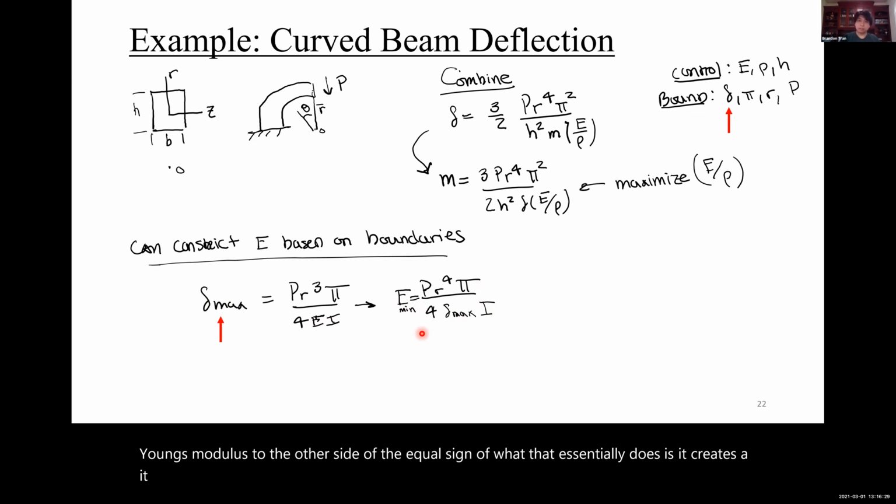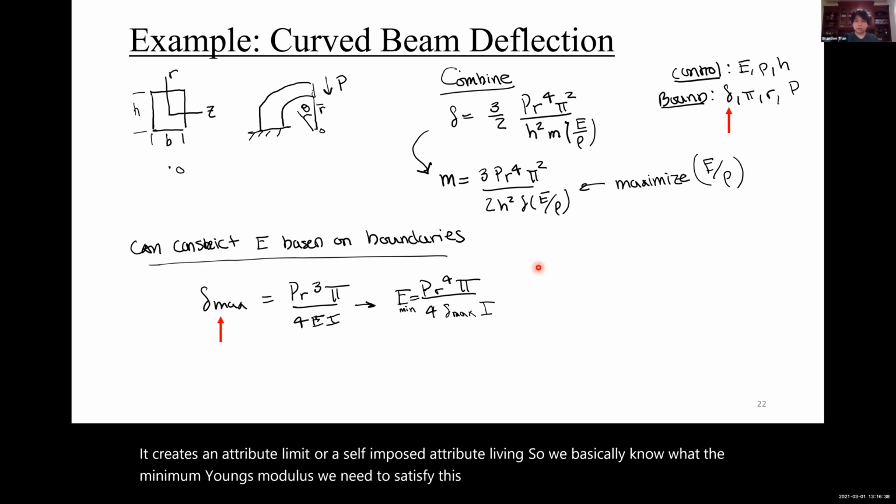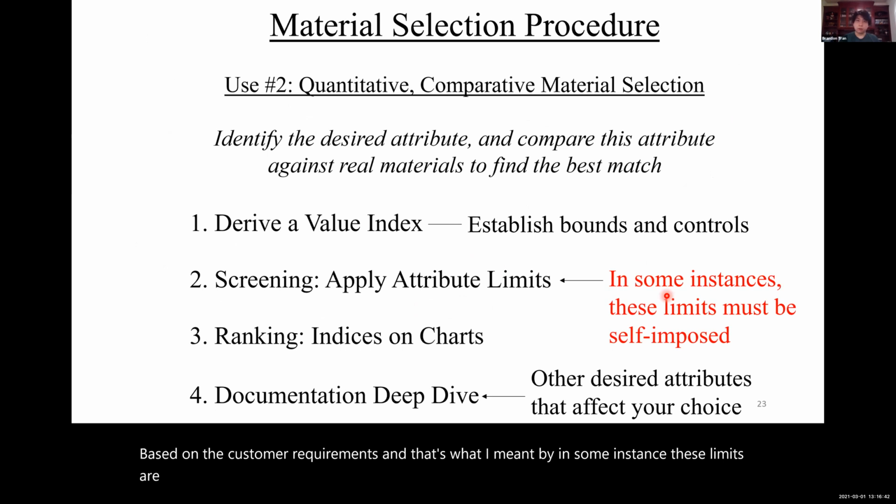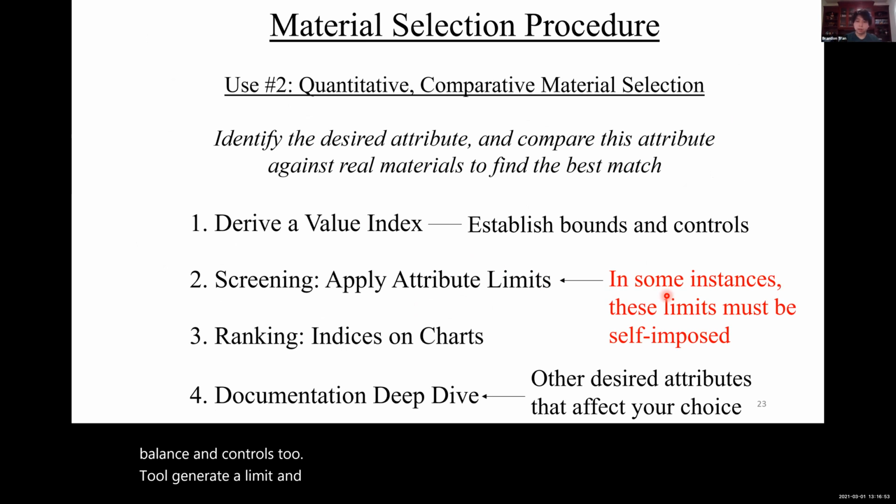And what that essentially does is it creates an attribute limit or a self-imposed attribute limit. So we basically know what the minimum Young's modulus we need to satisfy this criteria based on the customer requirements. And that's what I meant by, in some instances, these limits are self-imposed. If you know what your customer requirements are, you can utilize your balance and controls to generate a limit and help narrow your choice even further on your Ashby plot.